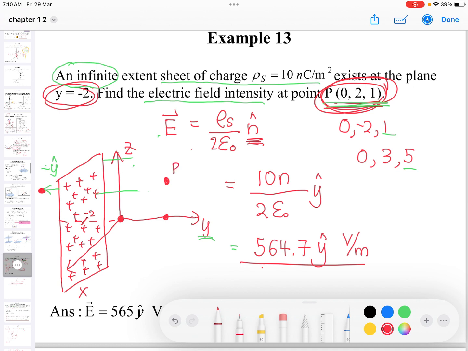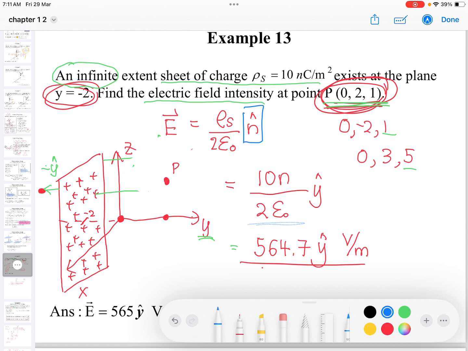Next, we write out our equations, which is this one: rho S divided by 2 epsilon naught times unit vector n. The rho S is given, so you can just fill it in and divide by 2 epsilon naught. Now the important part is that you must find the unit vector n.